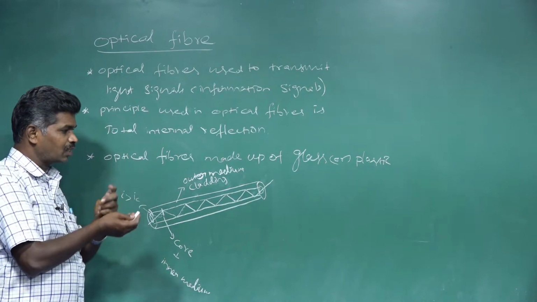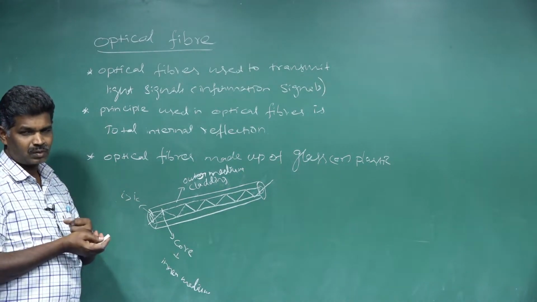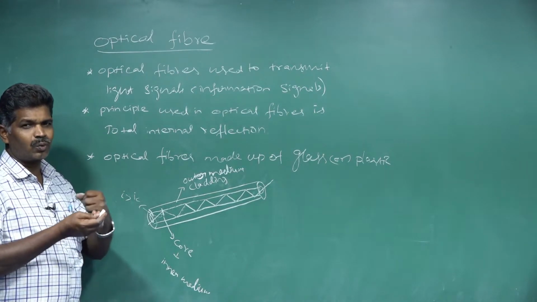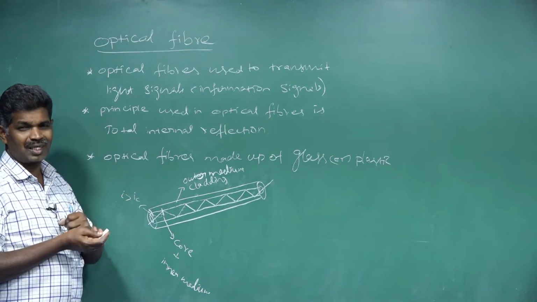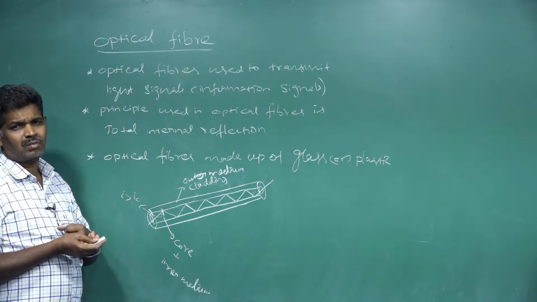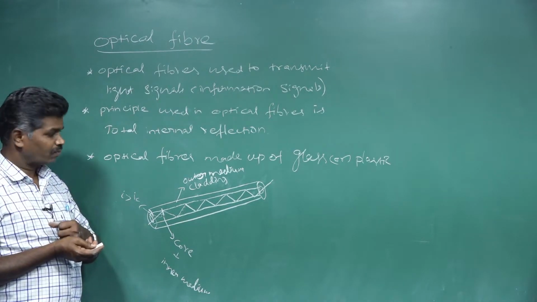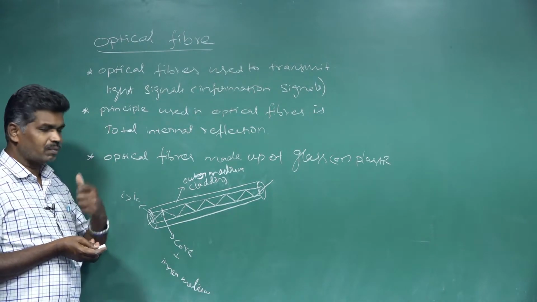Mostly we use fiber cables in communication systems. For example, in telephone lines, in olden days electrical cables were used. There were a lot of drawbacks, and those drawbacks are overcome by the optical cable.